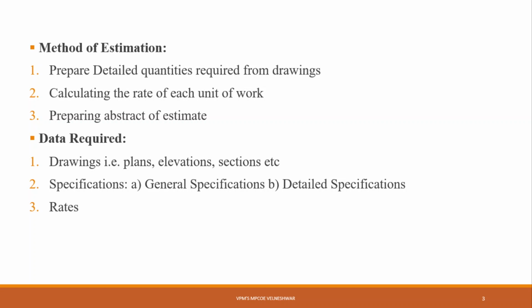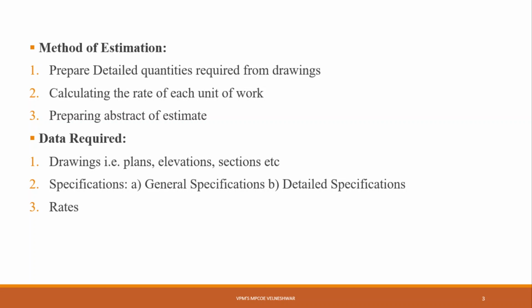In simple way, general specification means suppose you have to do a brickwork, first class brickwork. In general specification it is mentioned that first class brickwork means the bricks should be reddish in color, the dimensions of bricks are XYZ, like that. These are some general specifications, right?